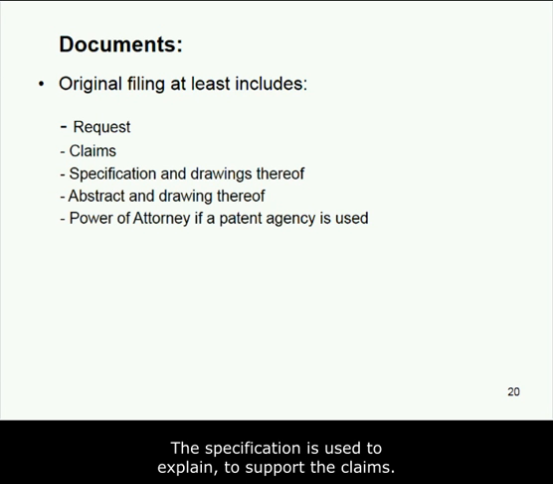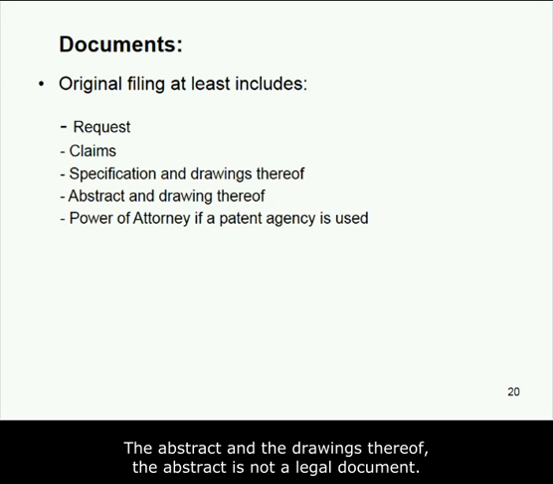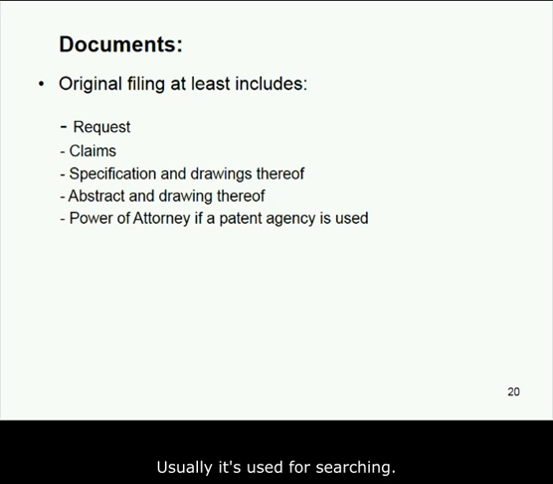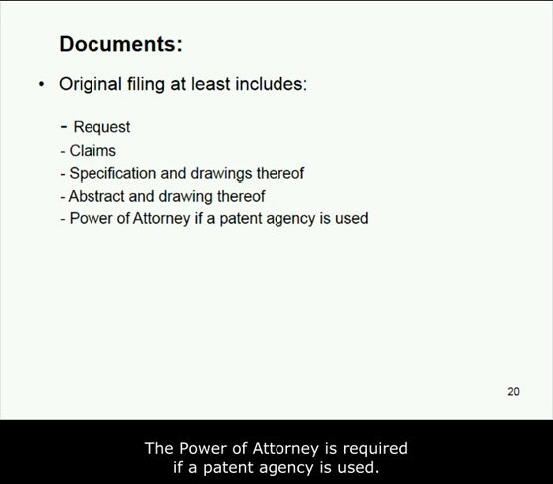The specification is used to explain and support the claims. The abstract is not a legal document. Usually it's used for searching. The power of attorney is required if a patent agency is used. For the utility model patent, the drawings are needed.